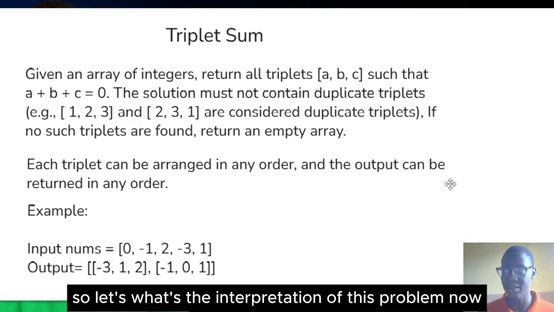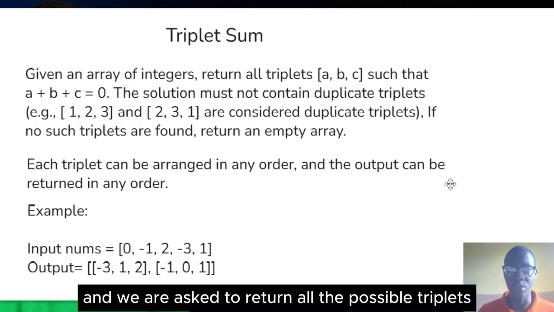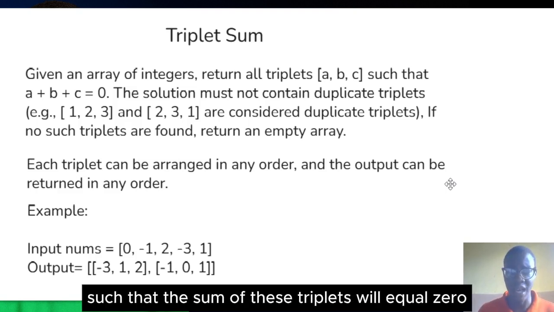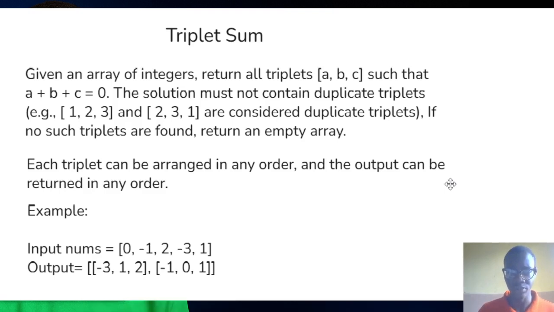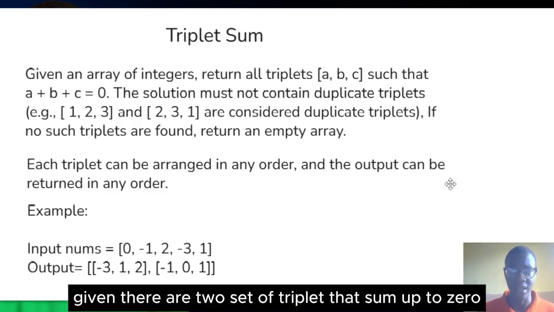So what's the interpretation of this problem now? We are given an array of integers and we are asked to return all the possible triplets such that the sum of these triplets will equal 0. You understand? And as we can see in the example given, there are two sets of triplets that sum up to 0 in the array.